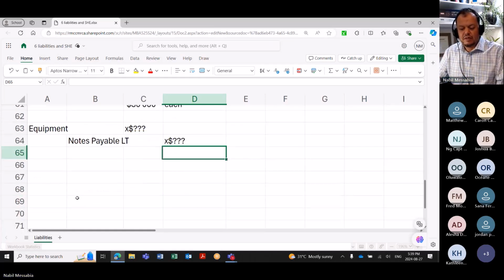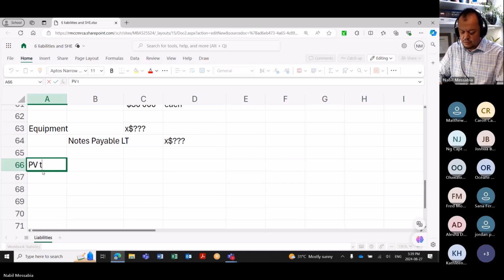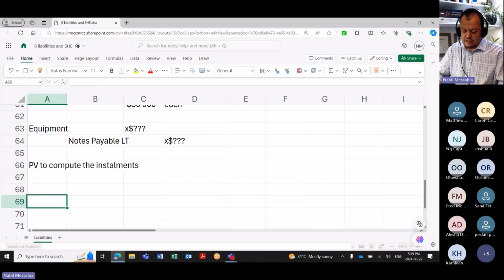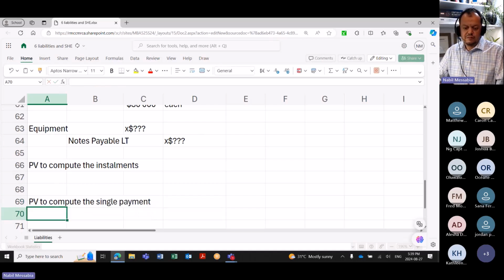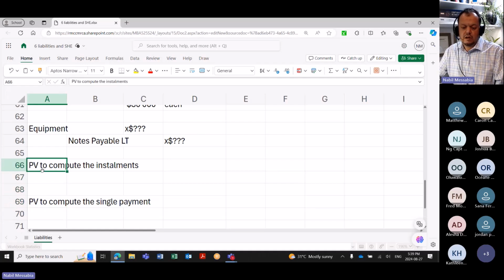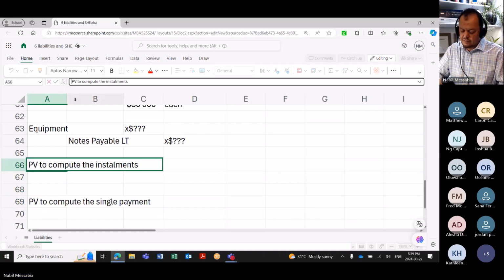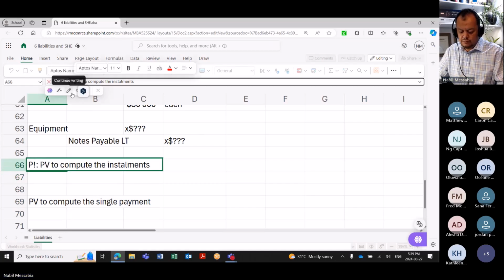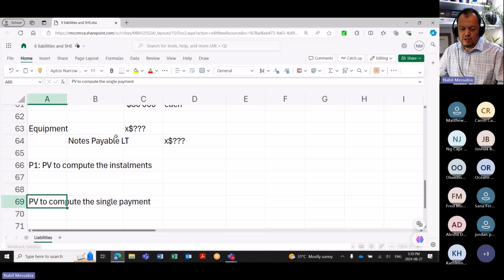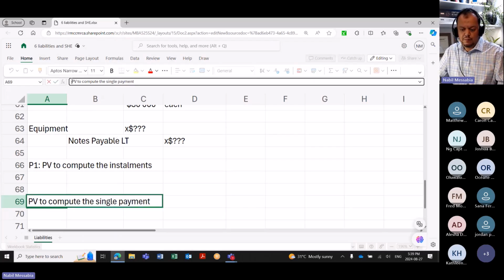Okay. PV to compute the installment, and then after that PV to compute the single payment. Okay, and then if we call this P1, and if we call this P2, so what you are looking for is simply P1 plus P2.